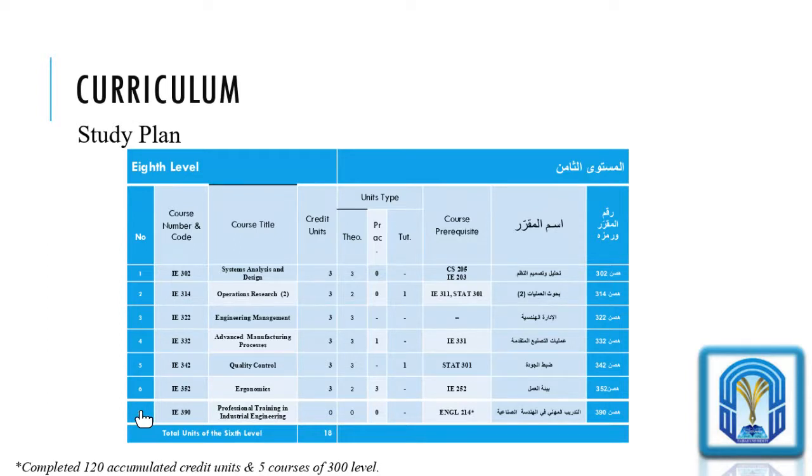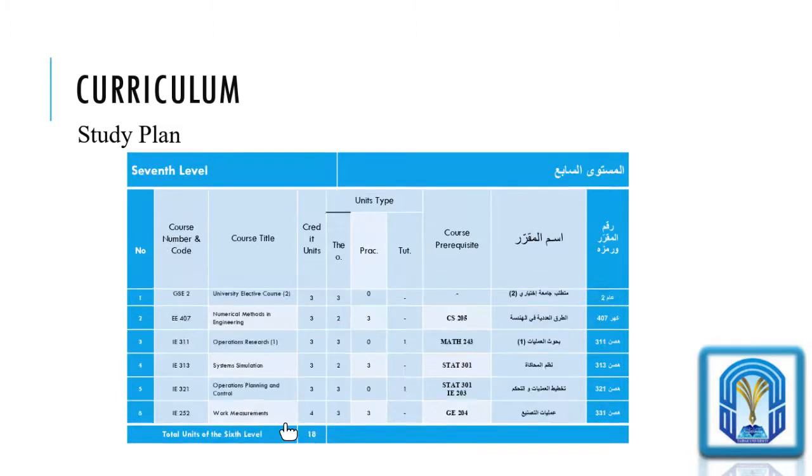To complete the prerequisite for the field training, you have to finish English 213. In addition, as you can see at the star here, you must have completed 120 credit hours and 5 courses of the 300 level. 300 level means the third level, starting with 300, 322, 314, 310.